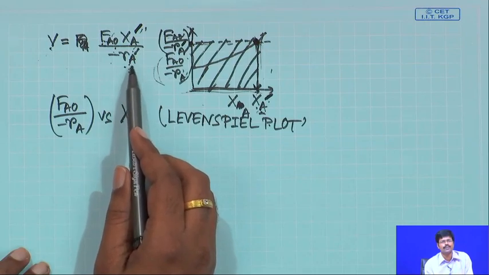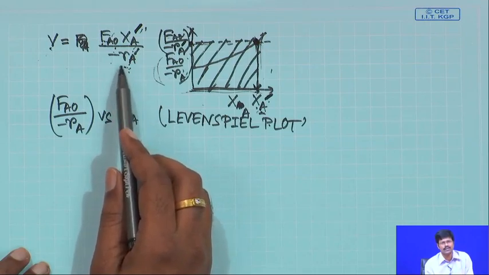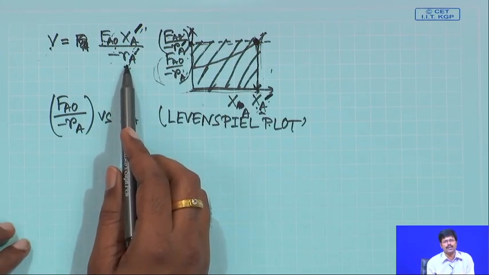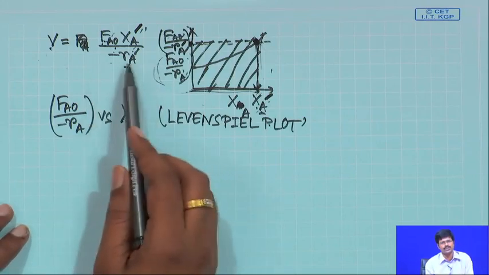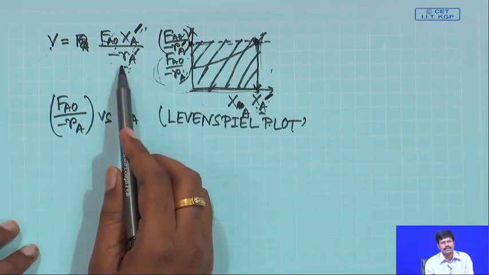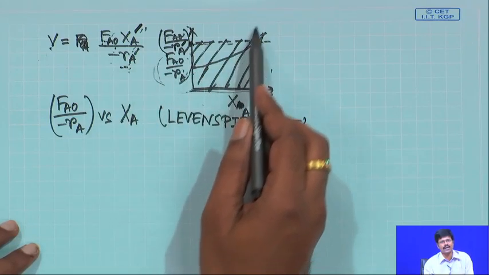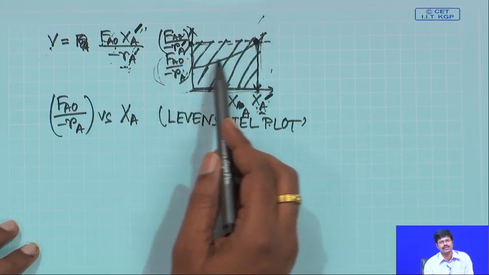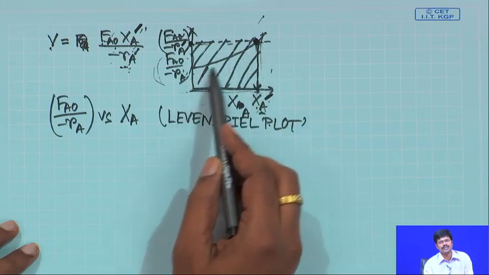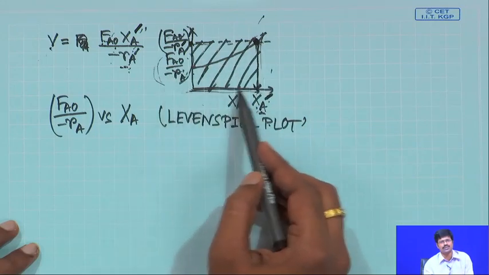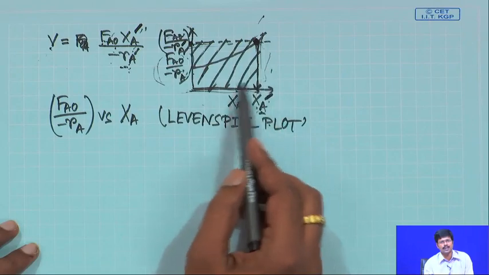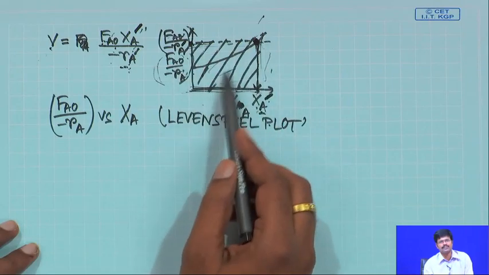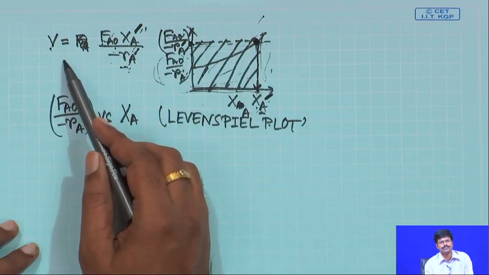However, the rate of reaction of A, whether it is generation or destruction of A depending on whether it is a reactant or product, may vary with conversion. That is why the graph goes like this; it is not a horizontal line. So, this ratio changes with conversion. You construct that rectangle and the area of that rectangle will give you the volume.